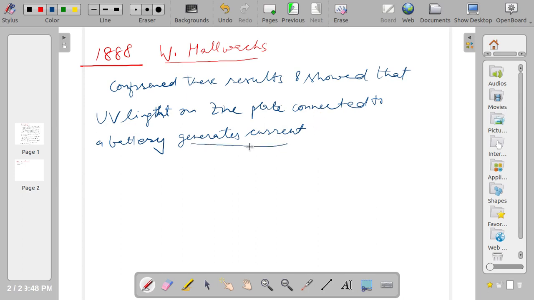And this generation is because of electron emission.